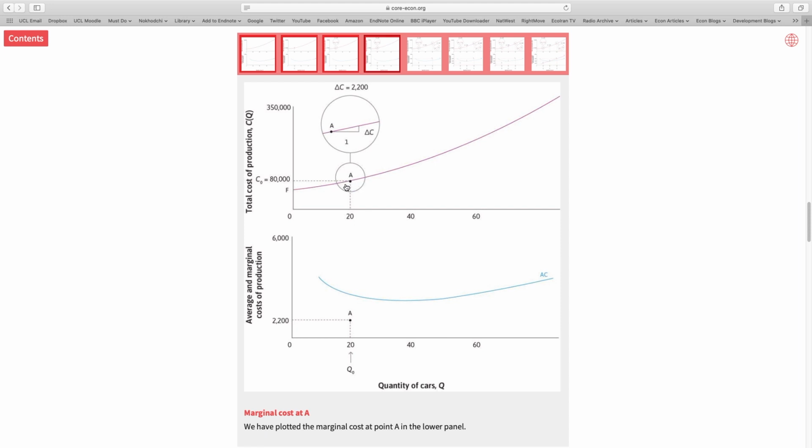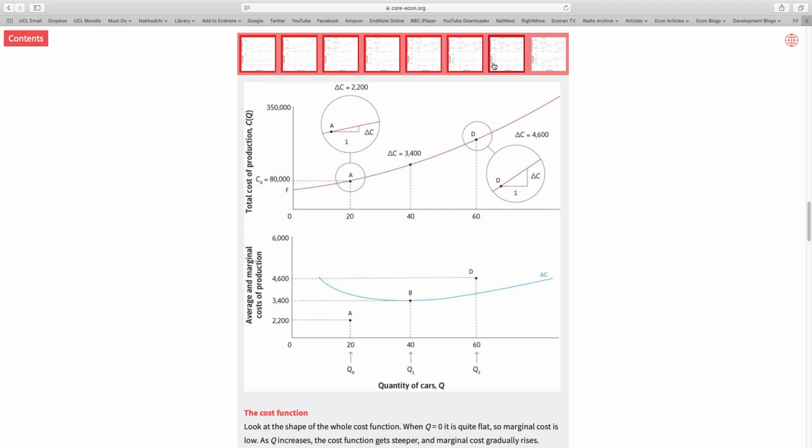How much producing the 20th car would add to our total costs. And as you can see, the slope of our total cost increases as we expand our production, and that means our marginal cost is upward sloping.